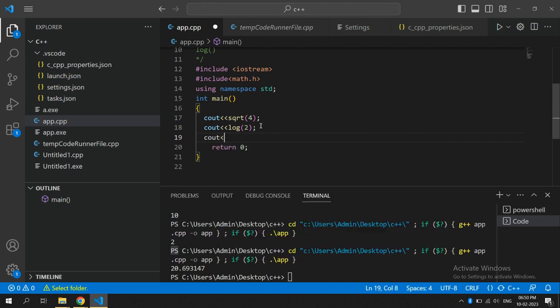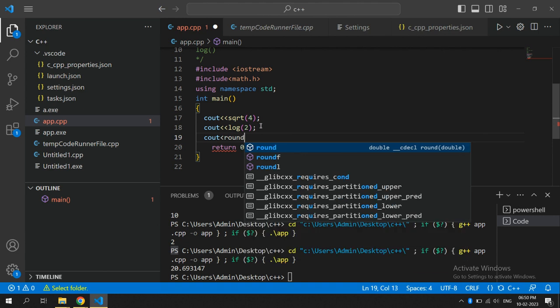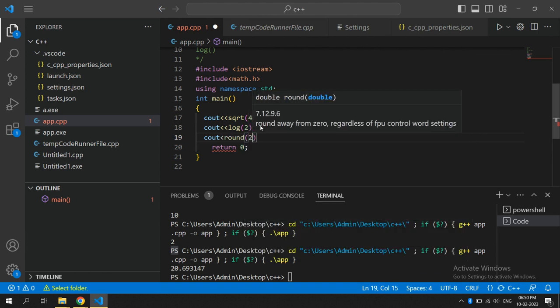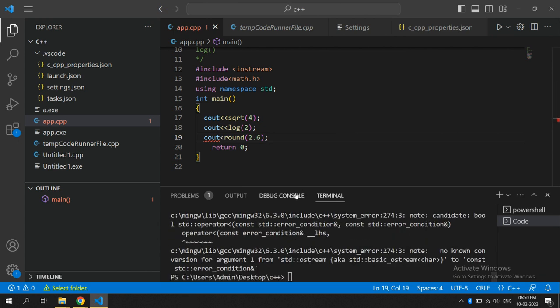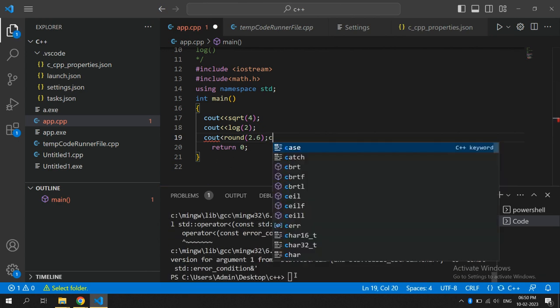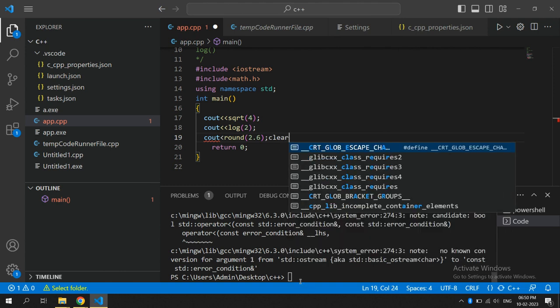Okay, so also we can use round. Round of 2.6. Let us see what the answer is, which is the round of 2.6. Don't forget to use the semicolon.